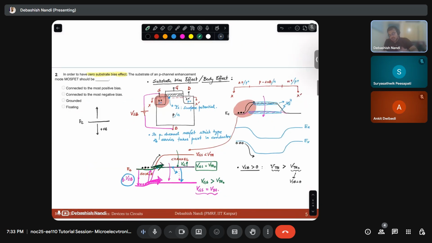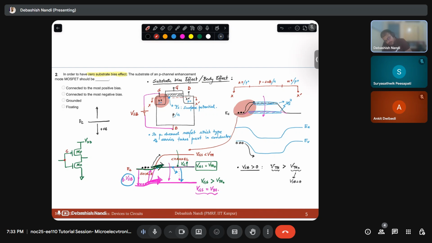Now the question asks that for a P-channel MOSFET, where should I connect it? So let us consider an inverter. This is my VDD, this is my ground. This is my P channel transistor, this is my N channel transistor. Can you tell me what is this terminal?